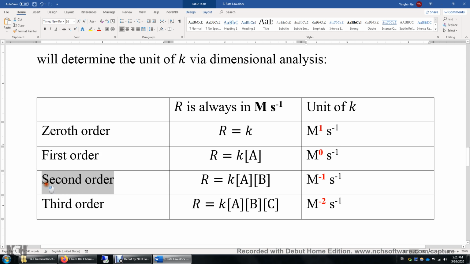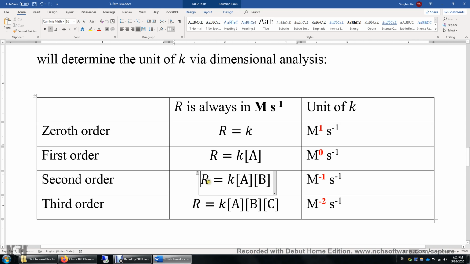What about second order reactions? We can just write out this equation, assuming A and B react, and the rate is first order with respect to A, and also first order with respect to B. Therefore, overall, this is a second order reaction. Let's balance the units.